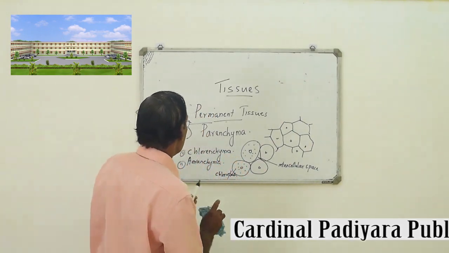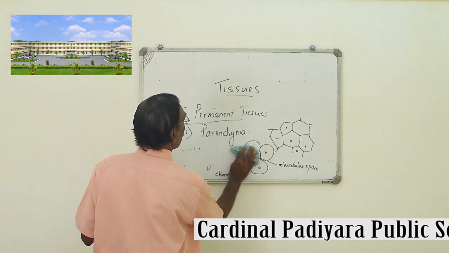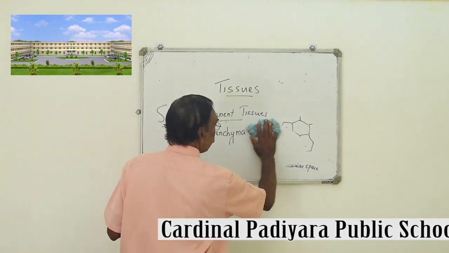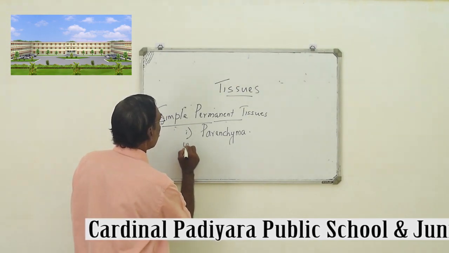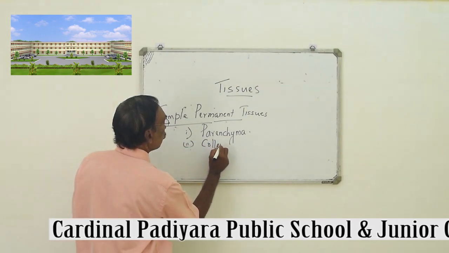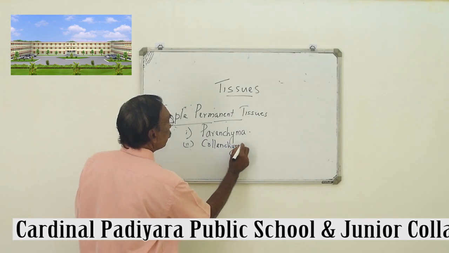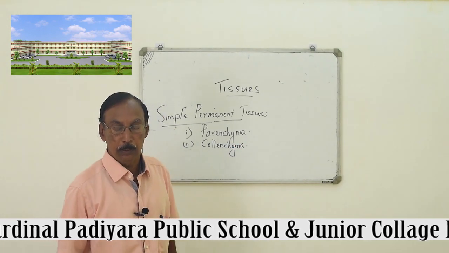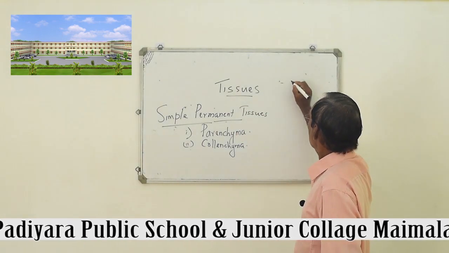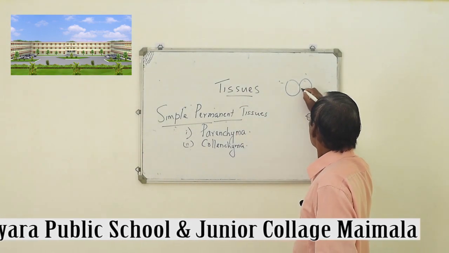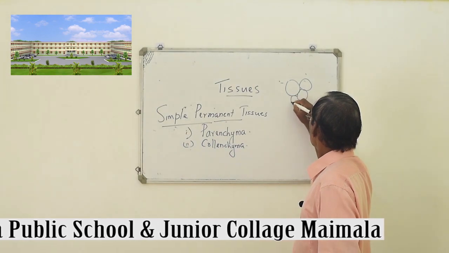So this is one simple type. Second simple permanent tissue is collenchyma. Collenchyma is the second important permanent tissue. If you examine the cell, the first type is thin walled, like this.